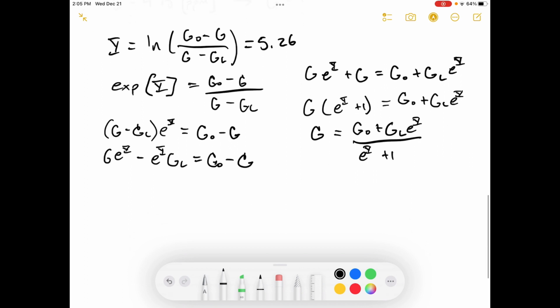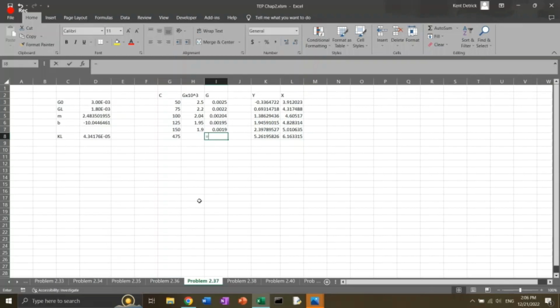Okay, so now we finally have our expression for G, and we know what all of these variables are. So now we can calculate what G is. G equals the numerator divided by the denominator.